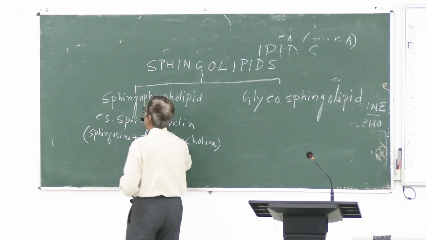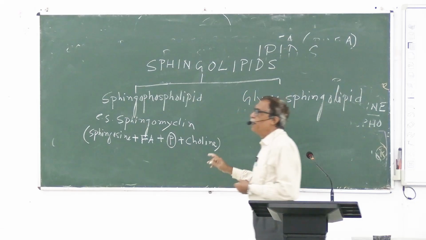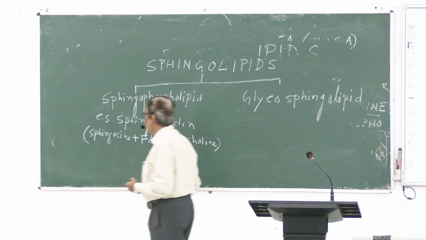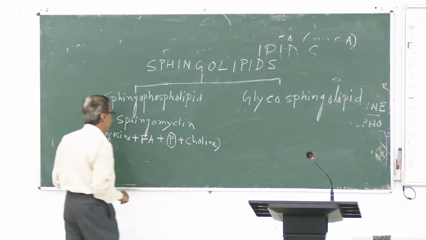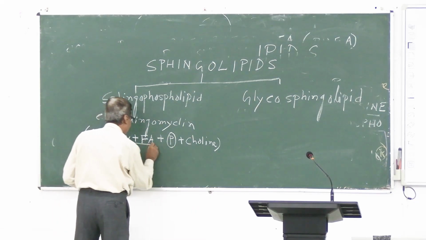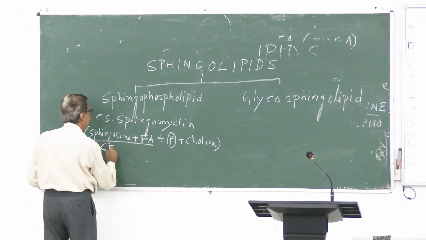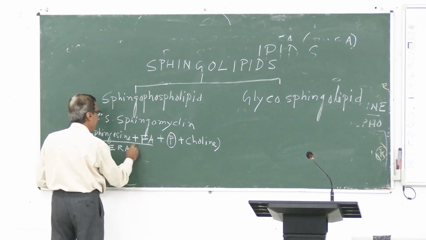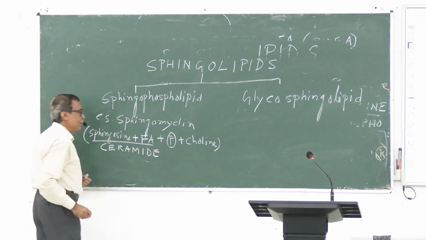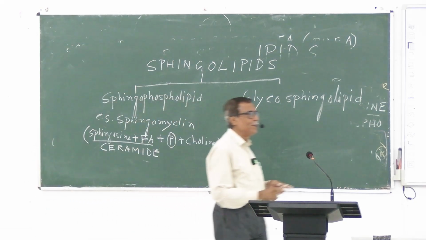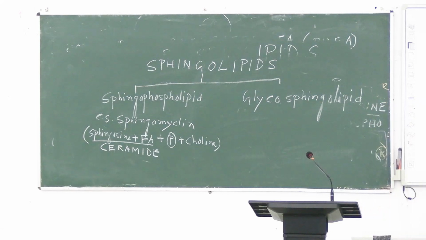On hydrolysis or on breakdown of the sphingomyelin, we can get the following components: sphingosine, fatty acid, phosphate, choline. Now, sphingosine and fatty acid is known as ceramide, as I have mentioned. Okay, sphingosine and fatty acid, the structure I showed earlier, that is ceramide. Ceramide is sphingosine and fatty acid.